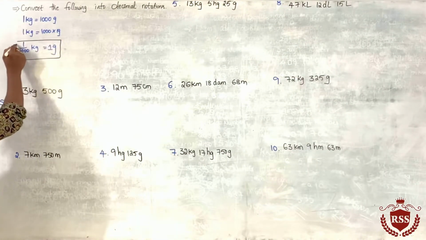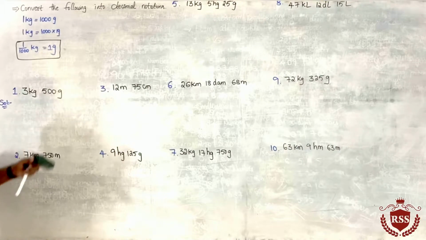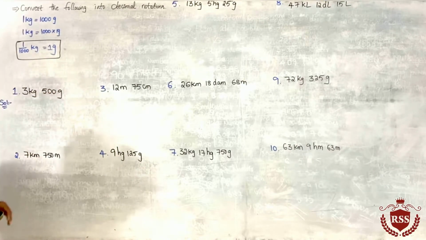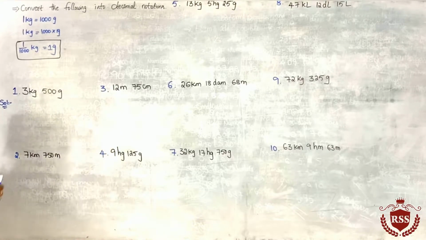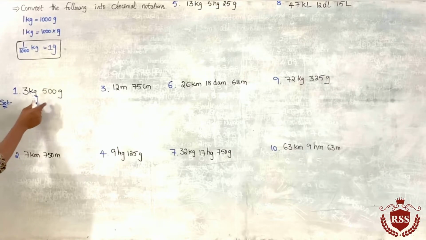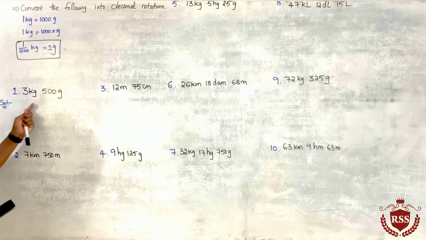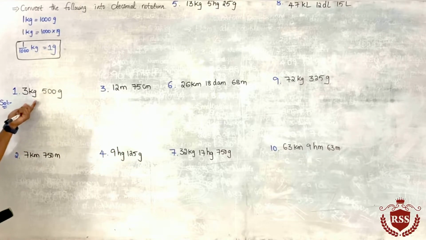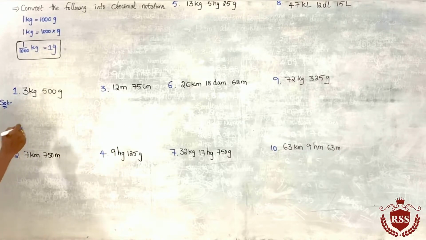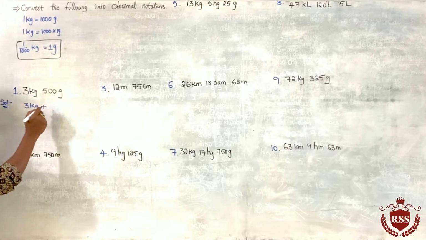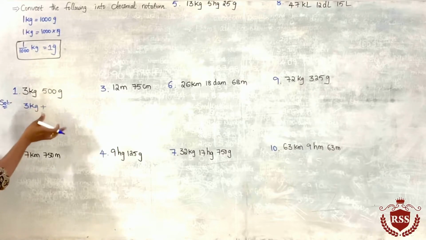So we have to write 1 by 1000 in the gram place if we need to convert into kilograms. Clear? We have to convert the total given question in terms of kilograms. Look at this: 3 kg plus 500 grams, that is 500 into 1 gram. Different units will be added, right? 1 gram in terms of kilograms is 1 by 1000 kg.